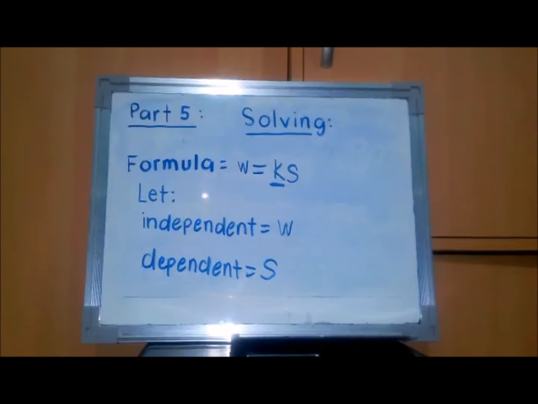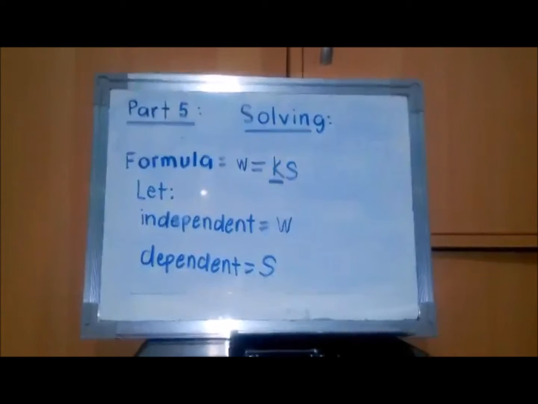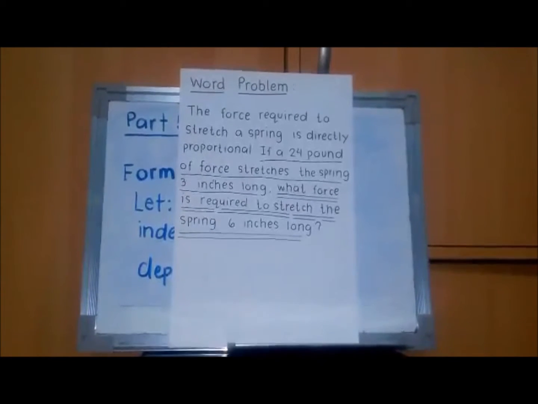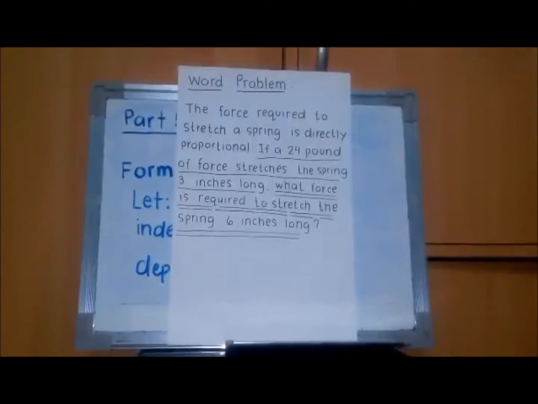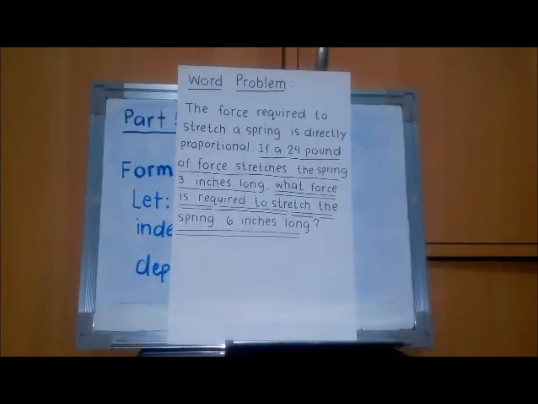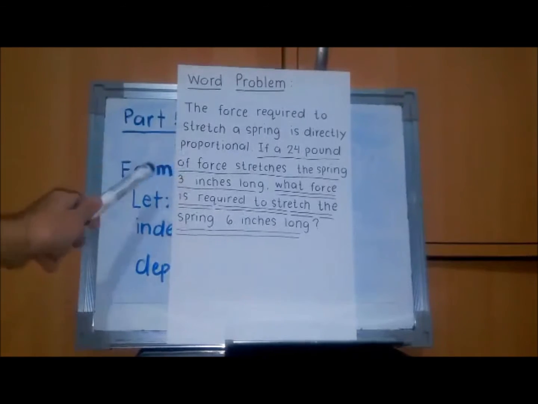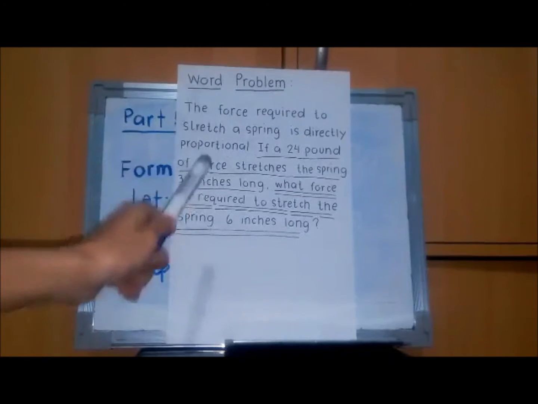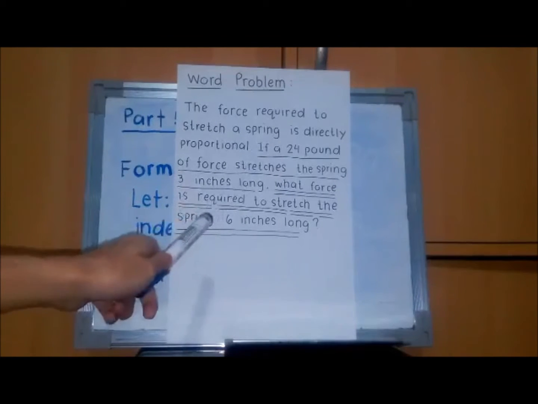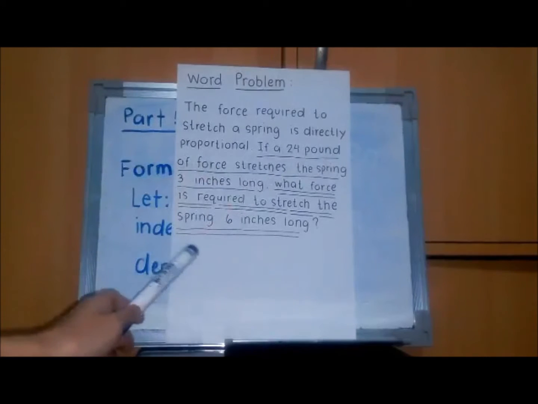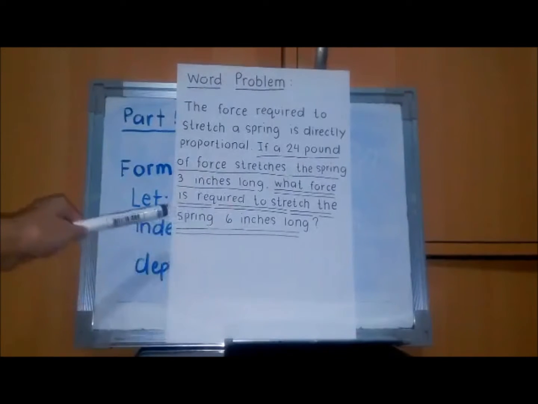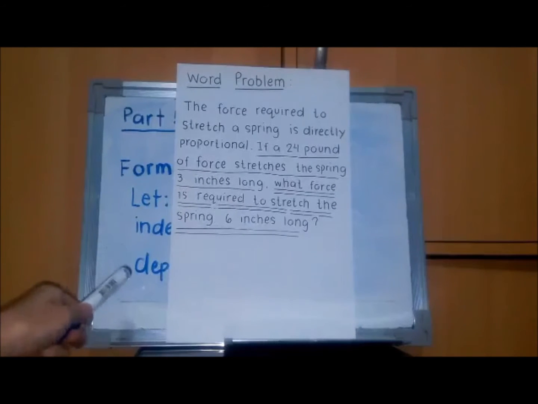So here we have our word problem to be shown. Here some of the statements are underlined, so we can really see a difference between both. The statements underlined once are the dependent statement, and those underlined twice are the independent.